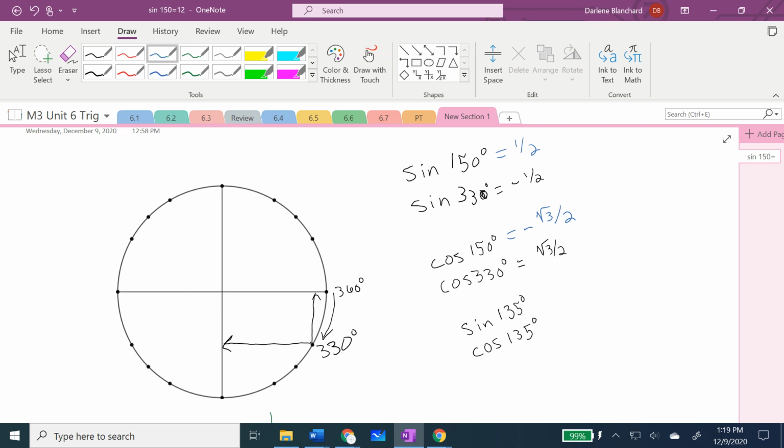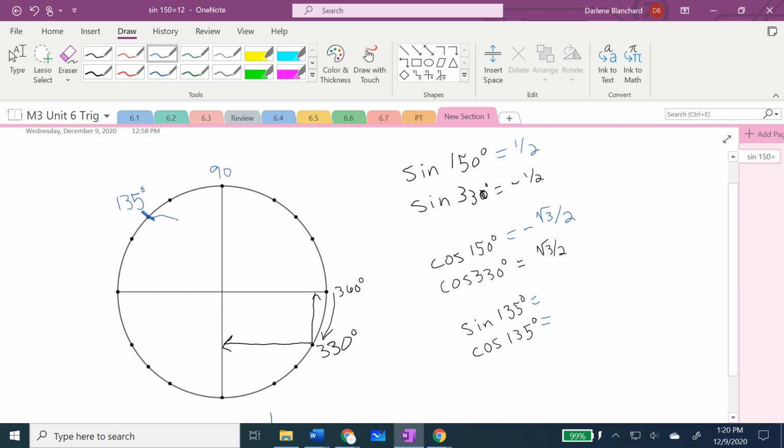135 is 90 plus another 45. And anytime you're halfway through a quadrant, the answers to sine and cosine are both either positive or negative √2/2 every single time. But let's look at it.